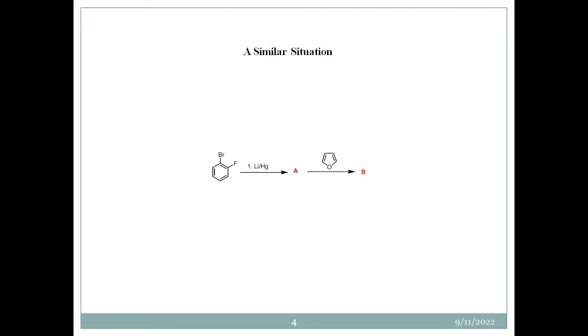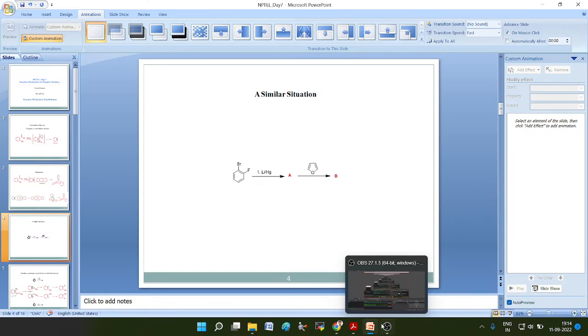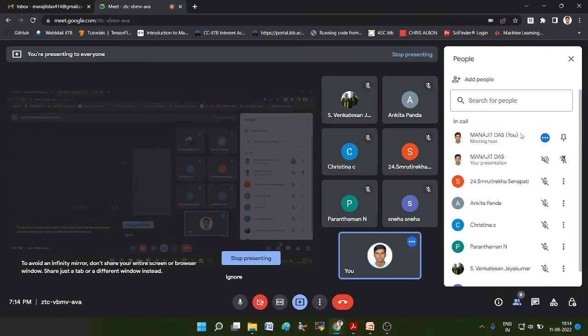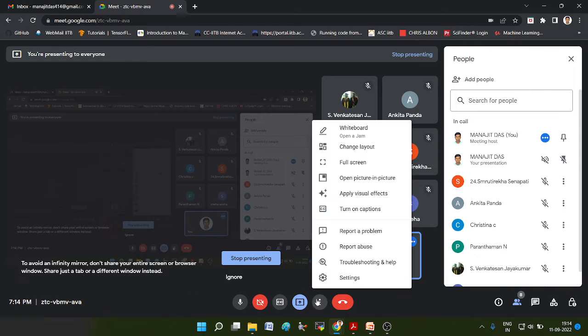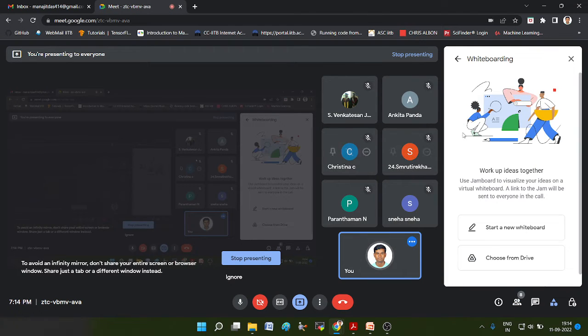So you get an intermediate A, which you treat with furan. Let's say in your system furan is there. So what will be the case here? I will show this by drawing. So there I go, whiteboard.